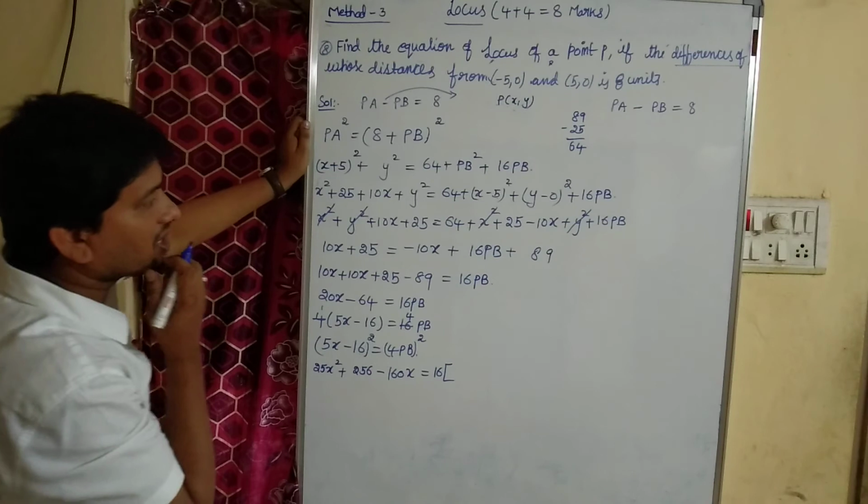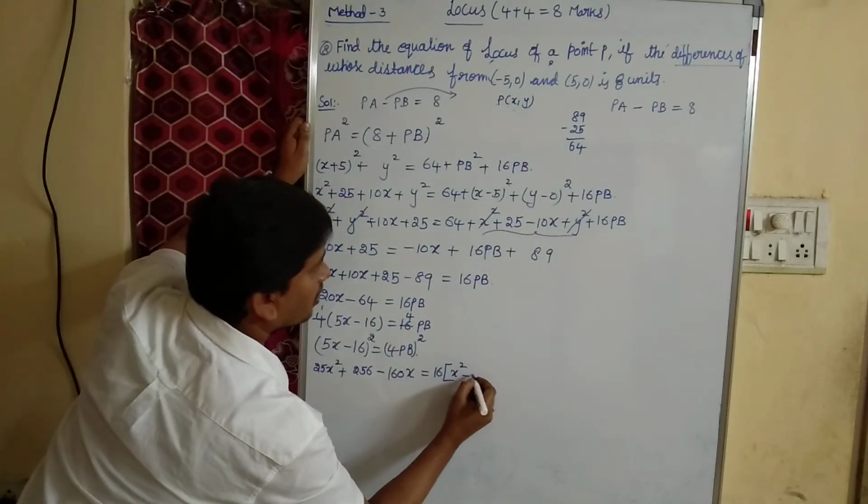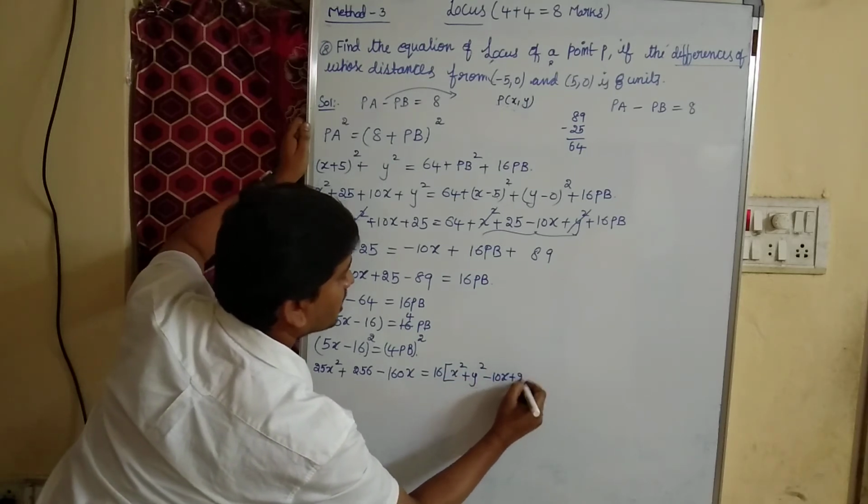What is the value of PB square, children? This is the value of PB square: x square plus y square minus 10x plus 25.